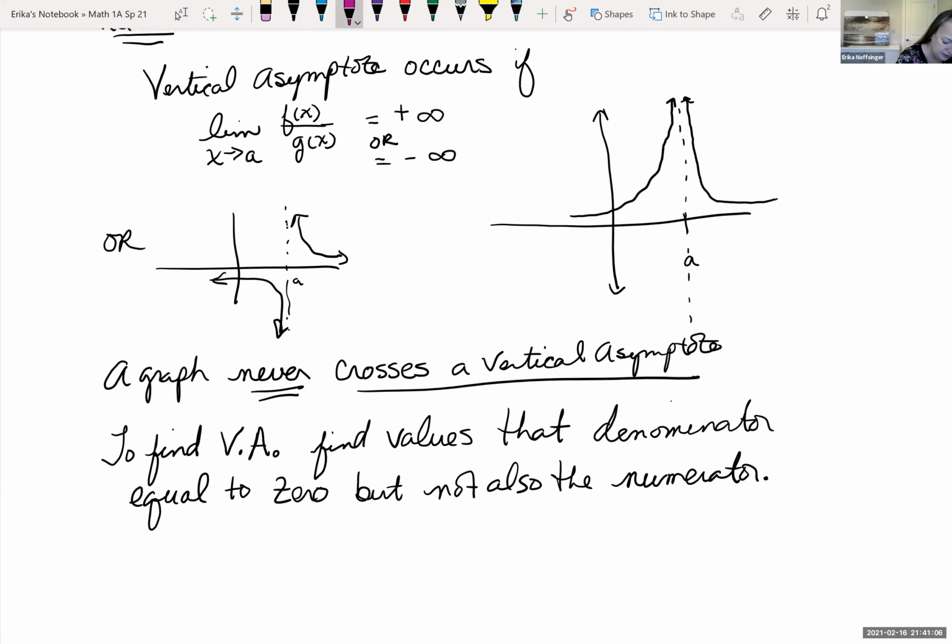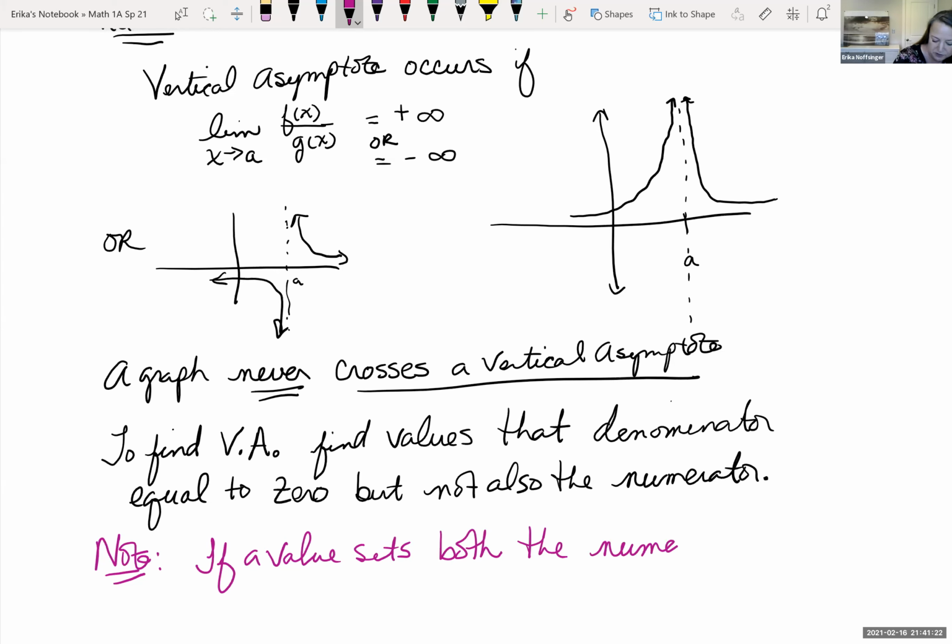So note, if a value sets both the numerator and denominator equal to 0, we have a hole in the graph.